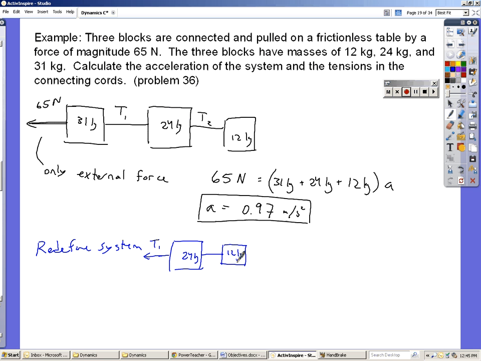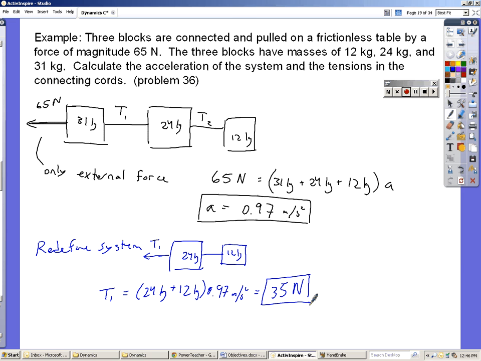In this case, we notice that T1 in our redefined system is now an external force because the 31 kilogram block is no longer in our system. And so we'll say that T1, that external force, is equal to the total mass times the acceleration of the system, which is 35 newtons.